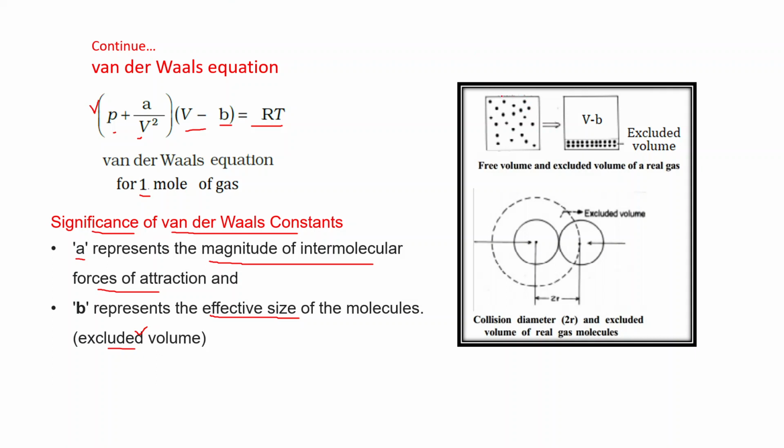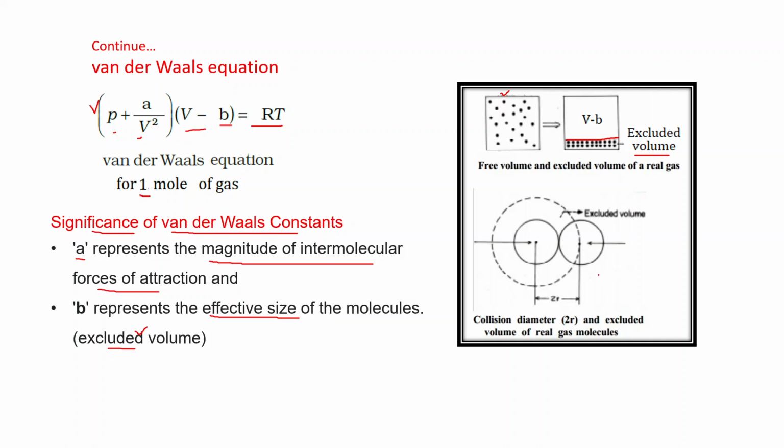This is the free volume which is available for the gas molecules. But in this volume, the actual volume of the gas particle, like this, is not available for the gas molecule to move. That's why this is excluded volume.